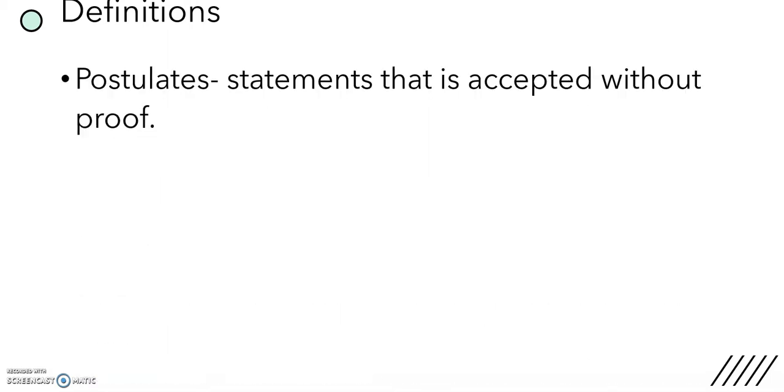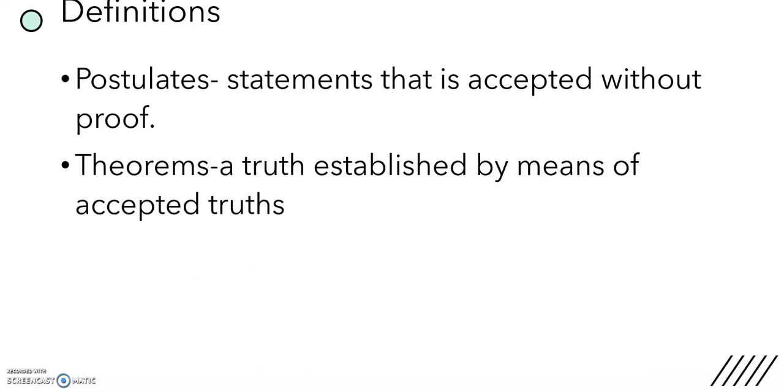Let us first have the definitions of postulates. So when we say postulates, these are statements that are accepted without proof. And theorems, these are truths established by means of accepted truths.